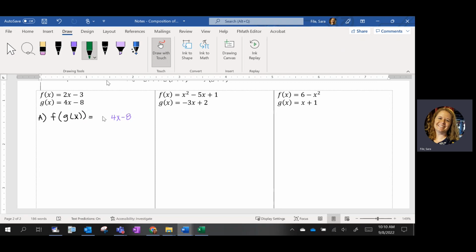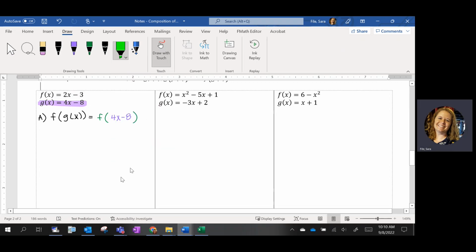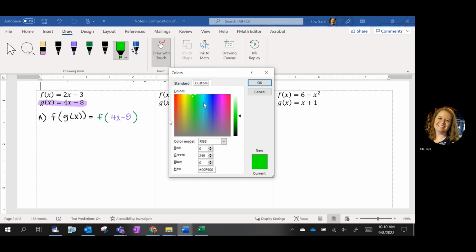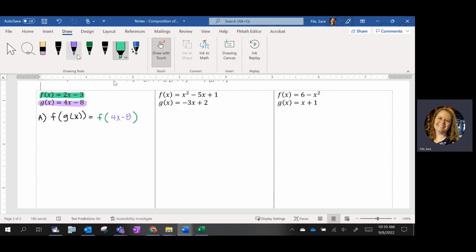I'll do f in green and the g in purple. So the g function is going to be my purple writing, and the f function will be my green writing.